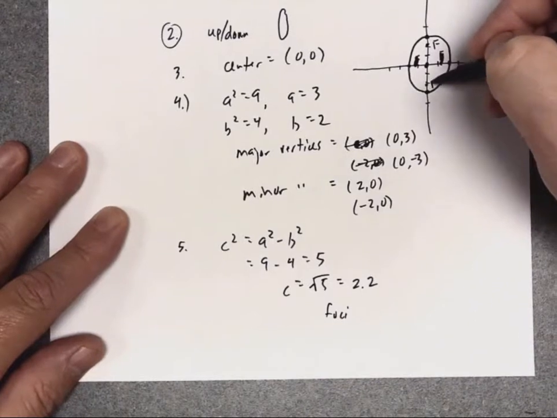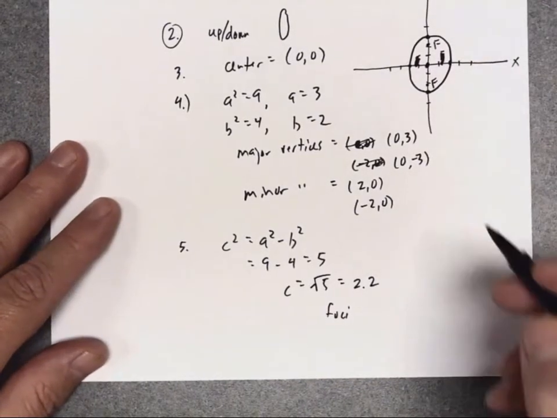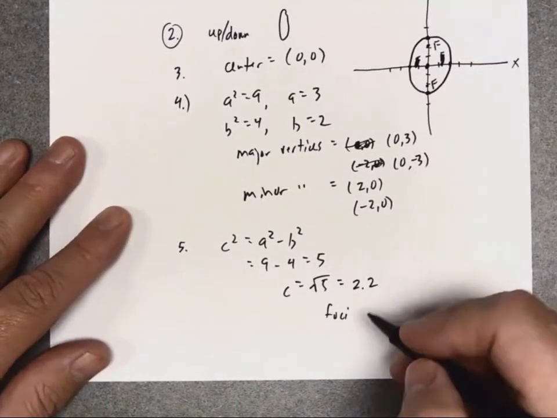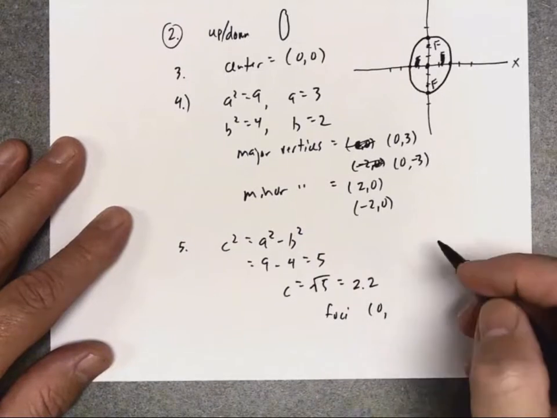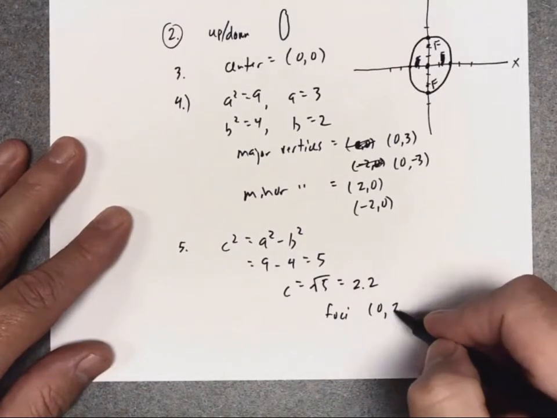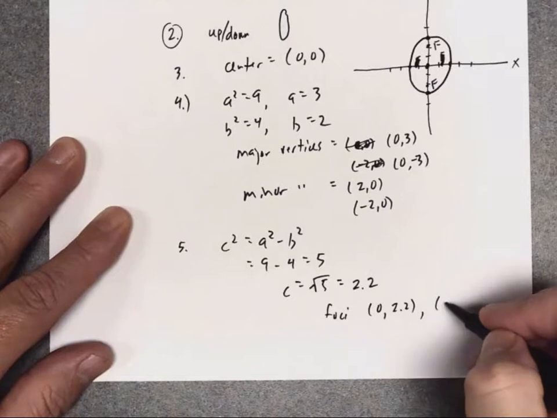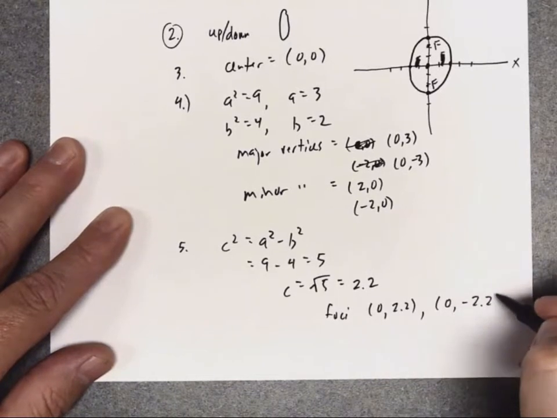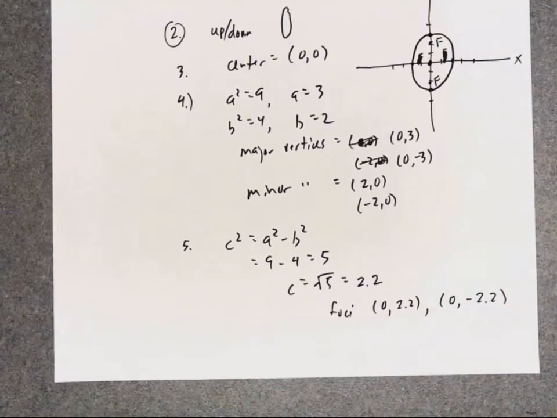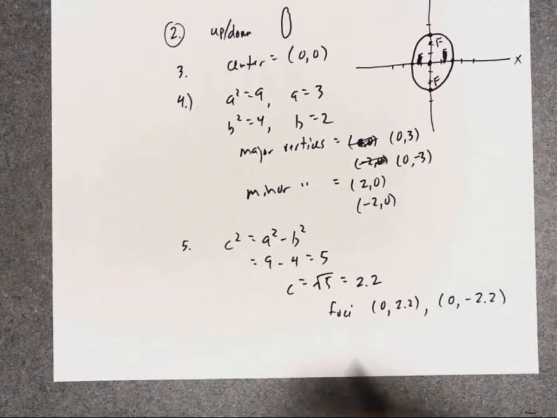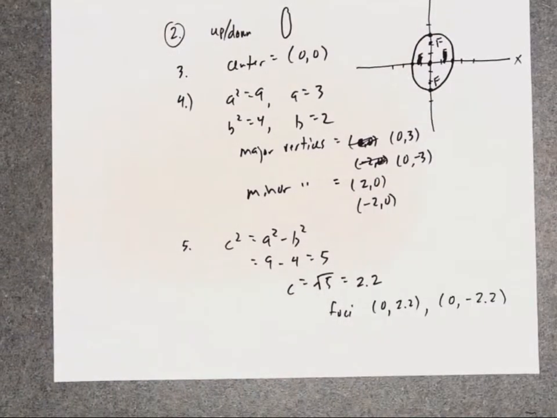I'm glad I caught myself. So it's going to be 0, 2.2, and 0, -2.2. All right, not that hard, but you can see here I made a couple mistakes as I was doing it. Just got to be careful.